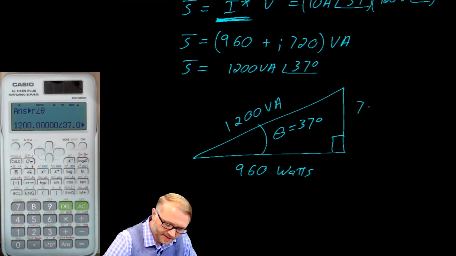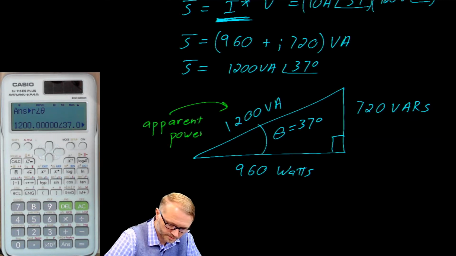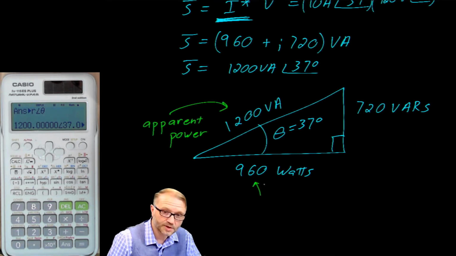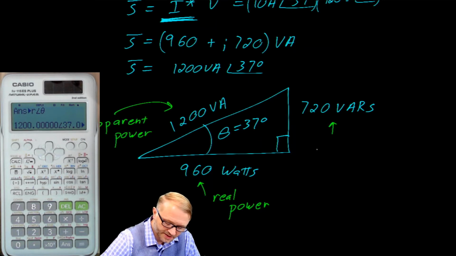And here we have 720 what are called VARs. We would call this piece the apparent power. We would call this very important piece the real power. And this piece we call the reactive power.